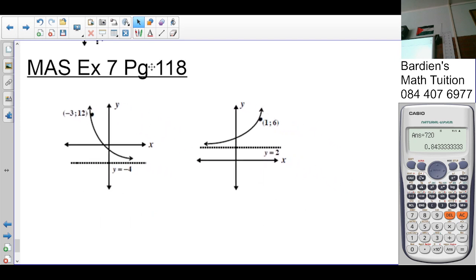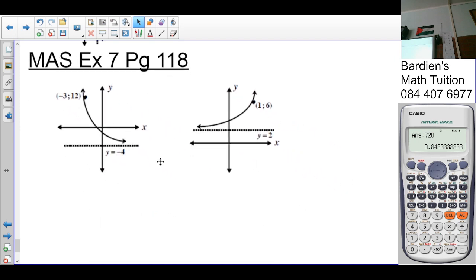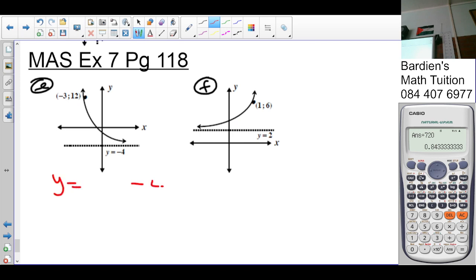E and F. Any problems with E? What's your answer to E? Y equals one quarter to the power of x plus 1. That's right. Okay?